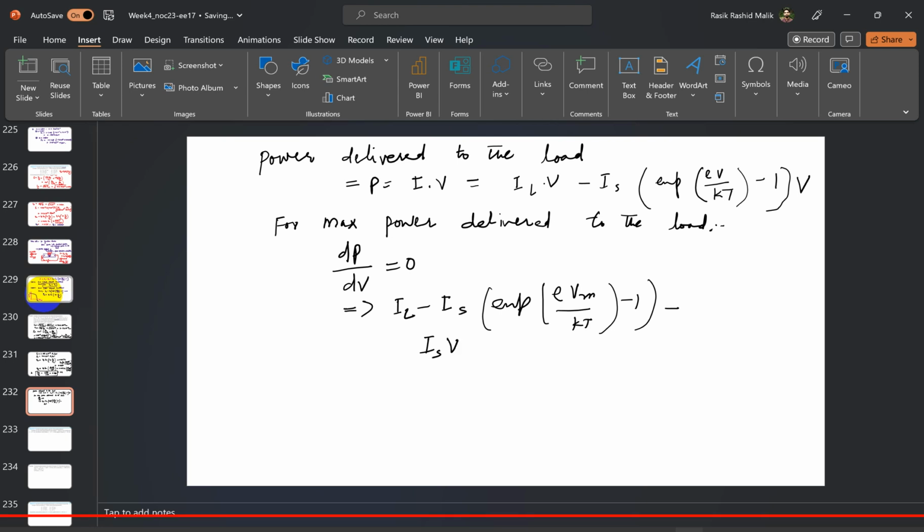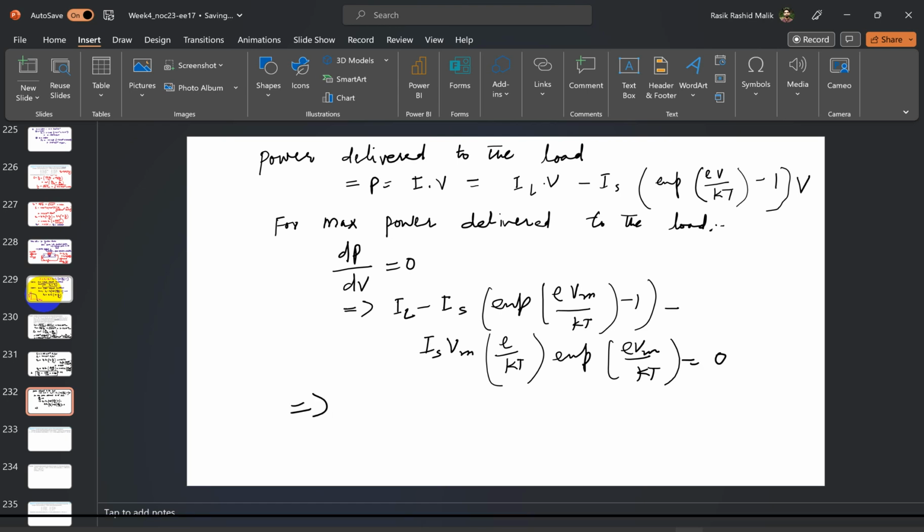This is just the derivative of the above equation. So that will be equal to 0.